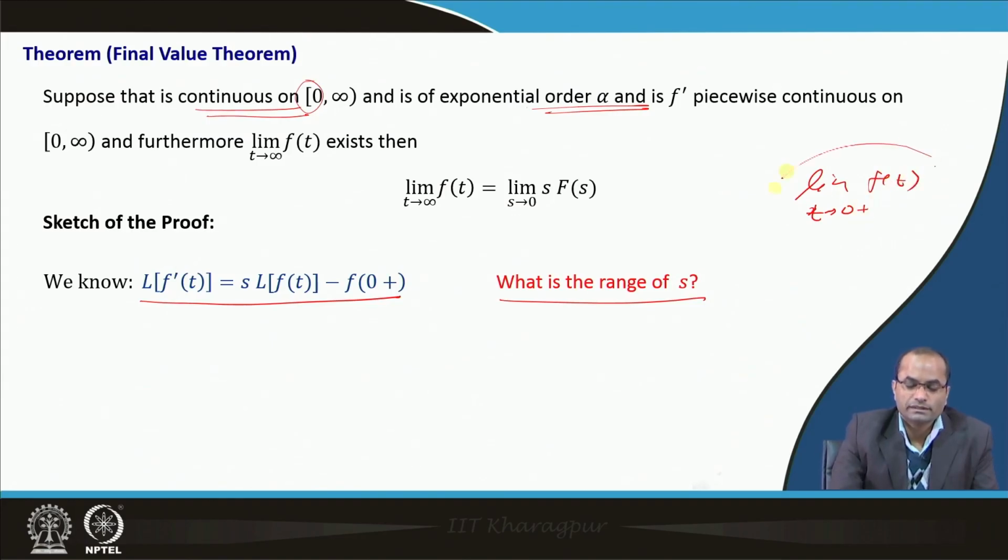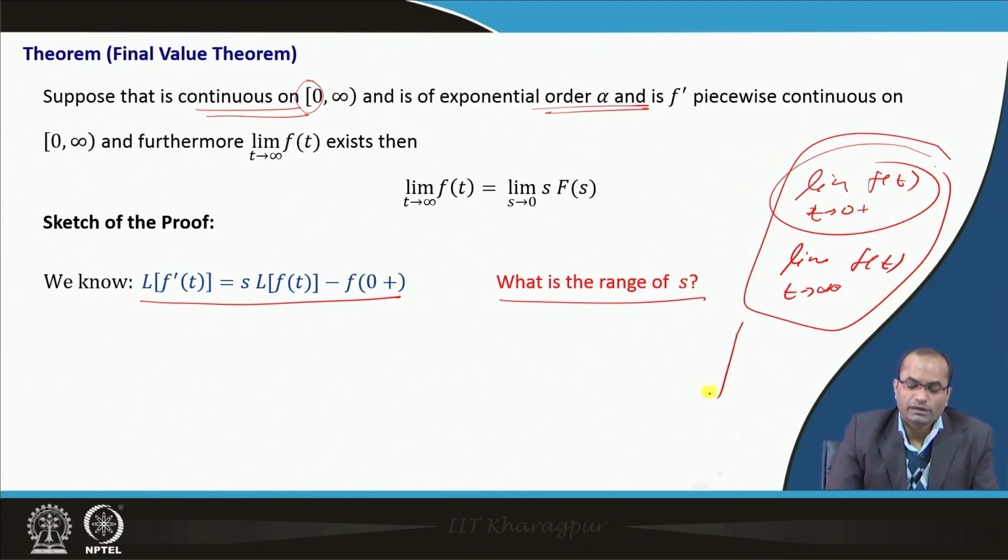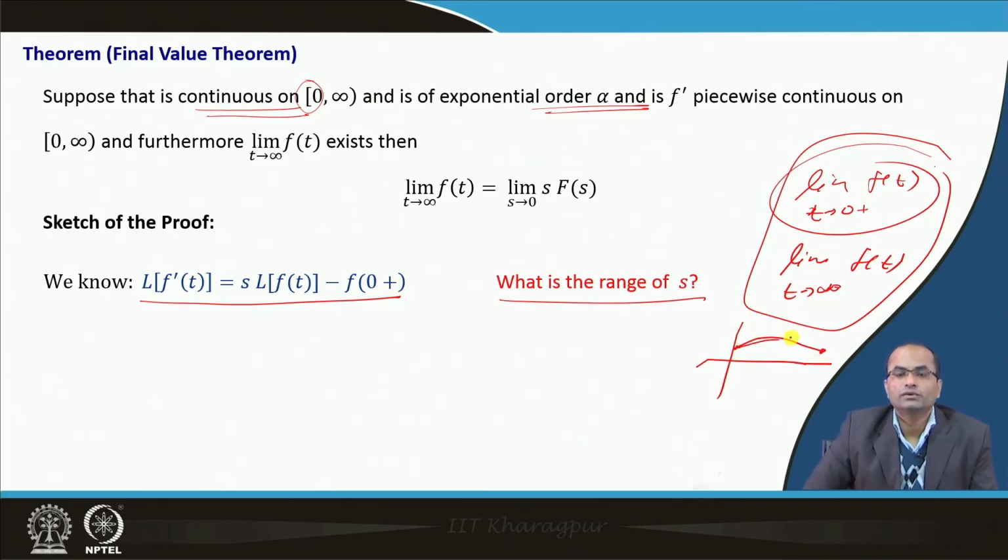So this limit exists, and moreover the limit of f(t) as t goes to infinity also exists, and the function is continuous in between.